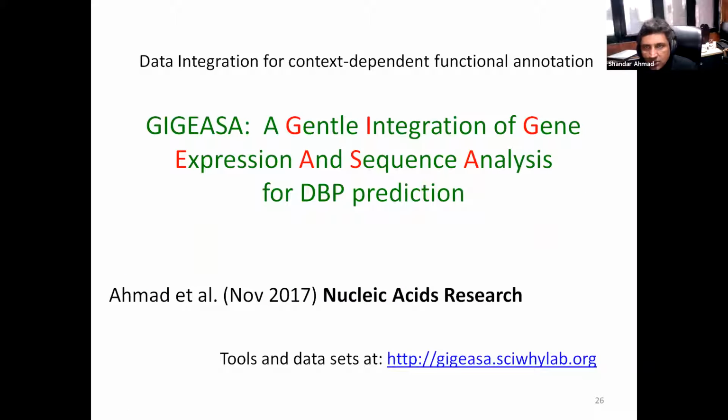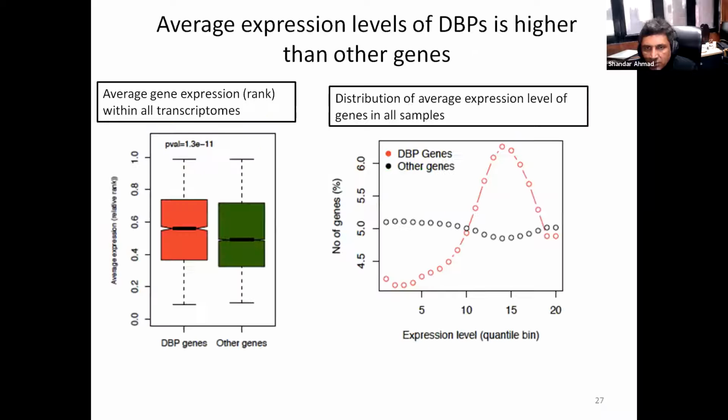There is another resource that comes from our analysis of the machine learning application to DNA binding proteins, where we try to integrate the gene expression with the sequence information to predict DNA binding proteins. And this became possible.